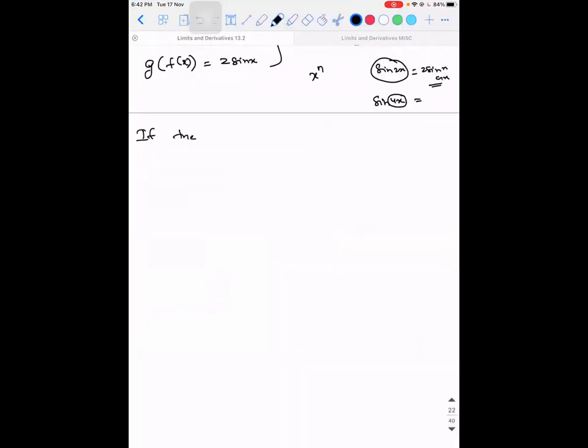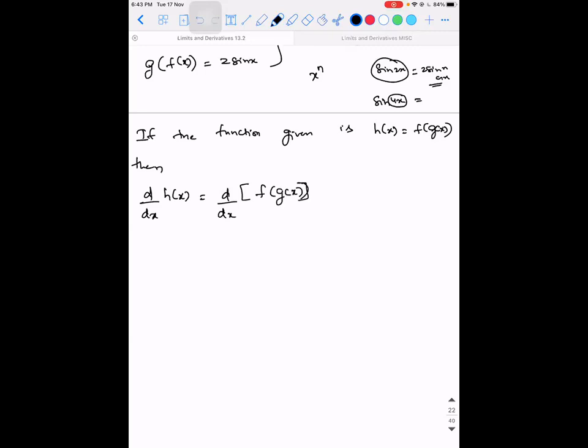If the function given is h of x, which is equal to f of g of x, then d by dx of h of x is equal to d by dx of f of g of x.